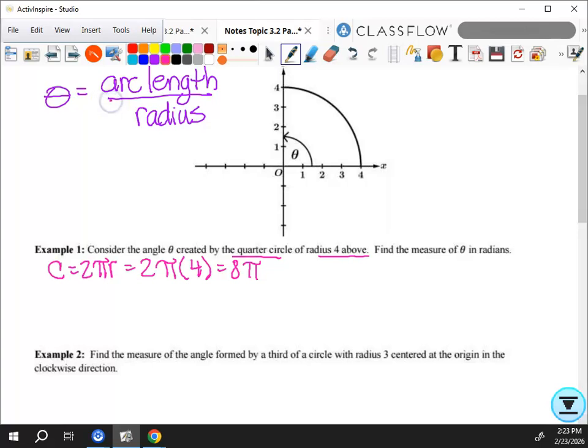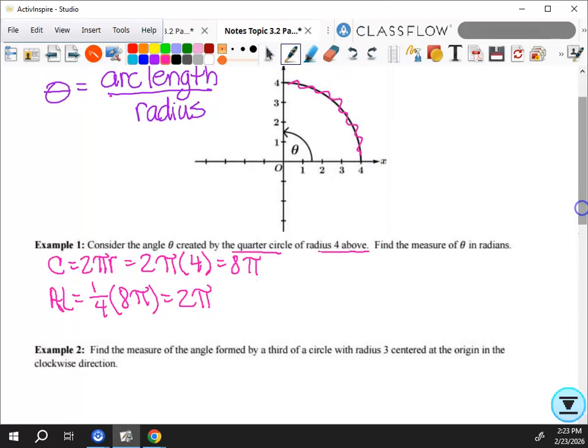I'm looking for arc length. There's not a great abbreviation for it, so we'll just do AL. I just want a fourth of that 8 pi, which gives me 2 pi. So the length of this arc is 2 pi.